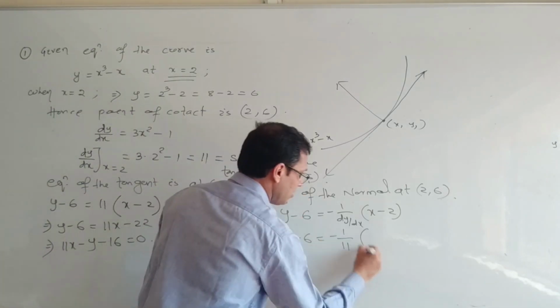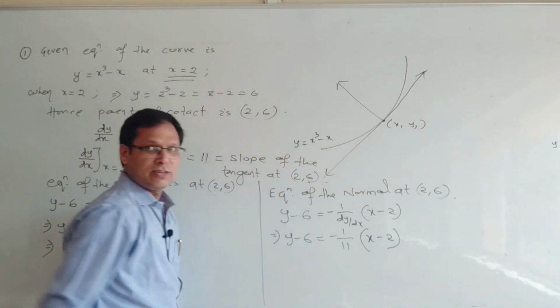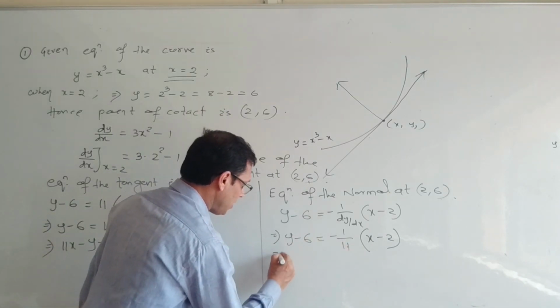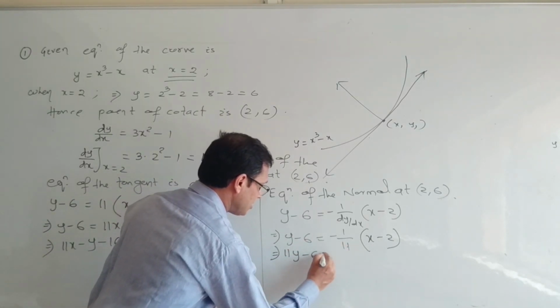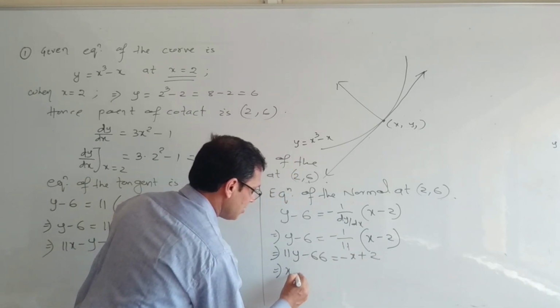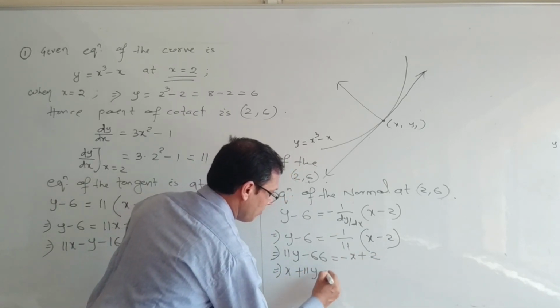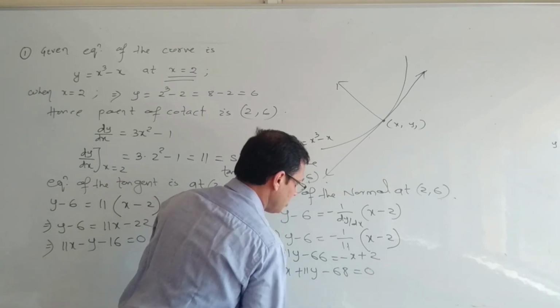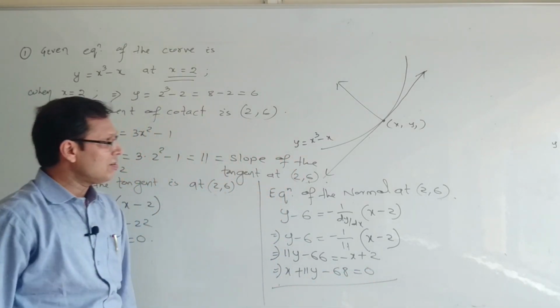So y minus 6 equals minus 1 by 11 into x minus 2. Multiplying by 11, 11y minus 66 is equal to minus x plus 2. That means x plus 11y minus 68 is equal to 0. That is the equation of the normal.